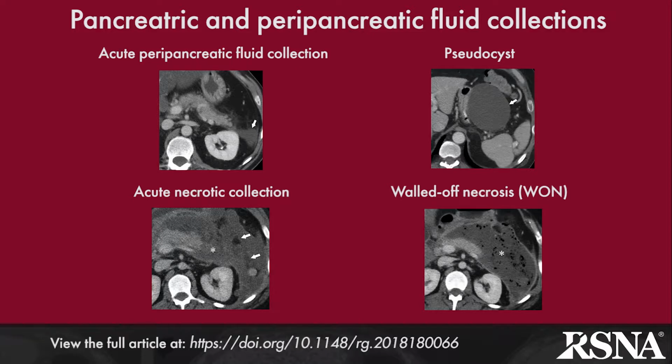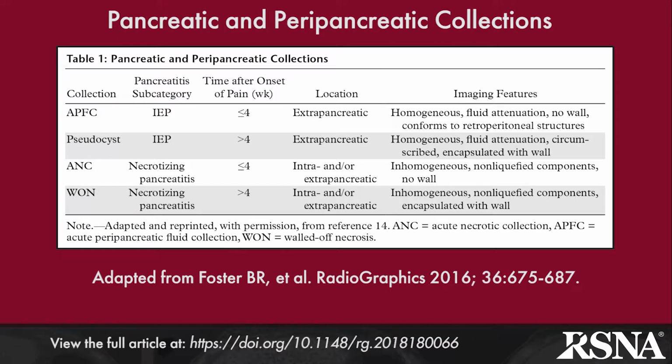The spectrum of pancreatic and peripancreatic fluid collections includes acute peripancreatic fluid collection, pseudocyst, acute necrotic collection, and walled-off necrosis. The characteristic timing of development of these collections relative to the onset of pain and the typical location and imaging features seen are listed in Table 1.